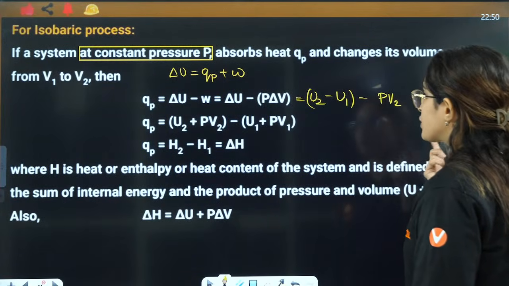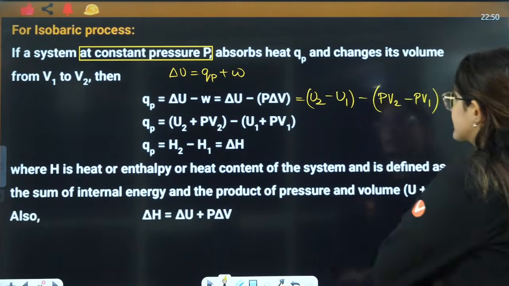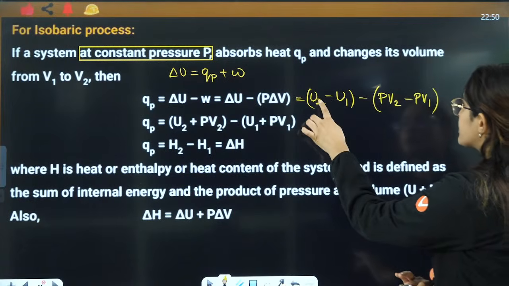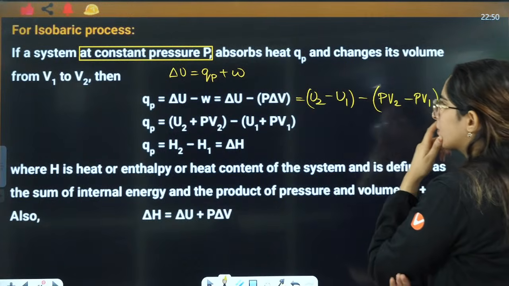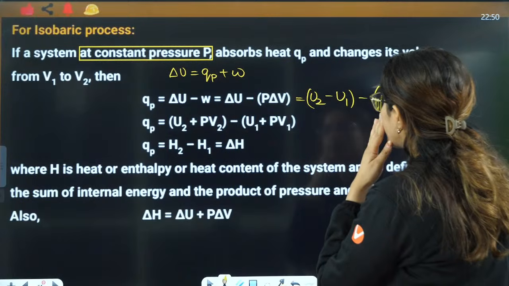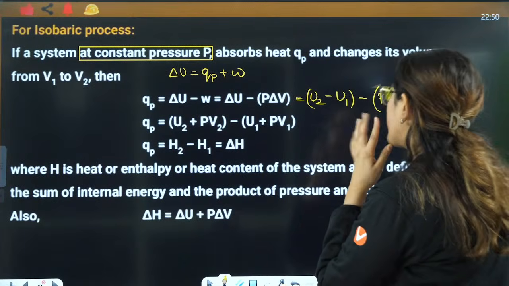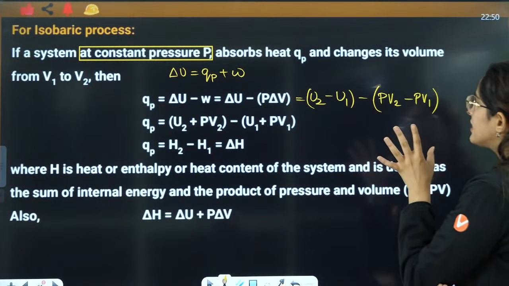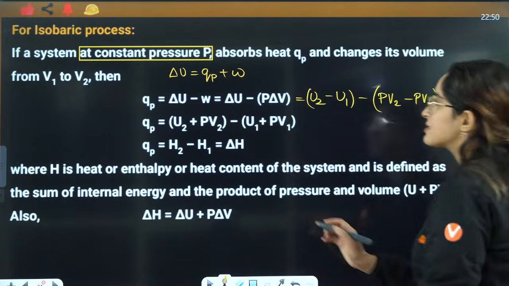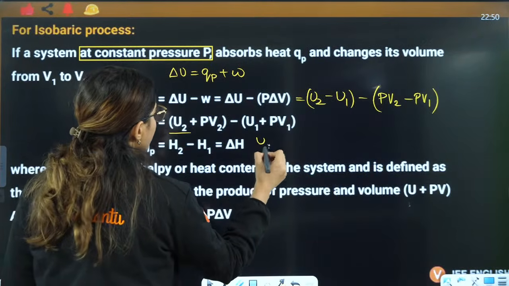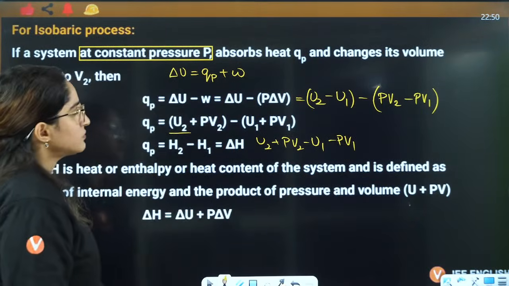This is U2 minus U1, and this is minus P V2, minus minus plus. We have just rearranged these things here. So this is U2 plus P V2 minus U1 minus P V1.